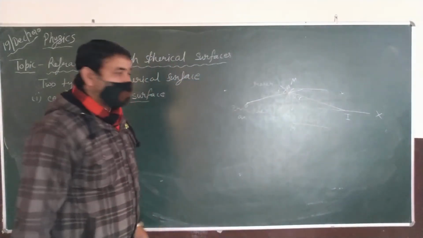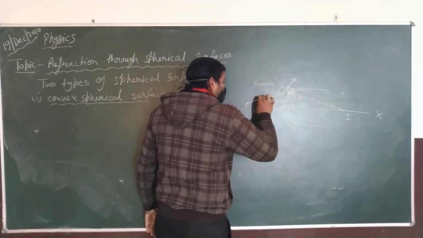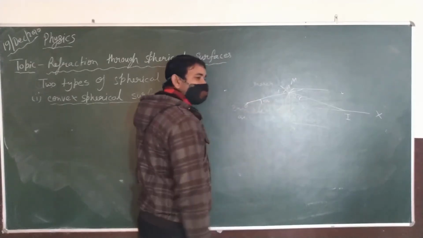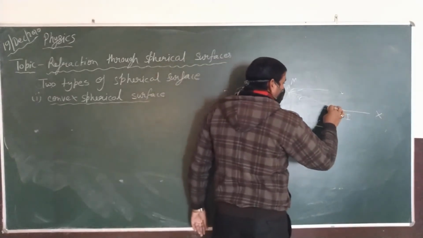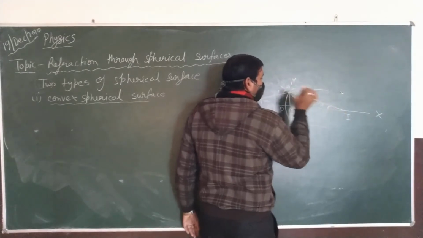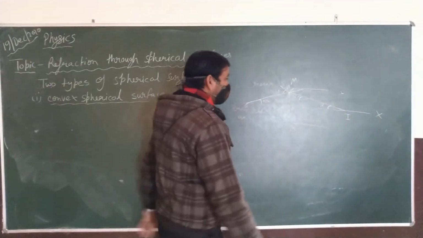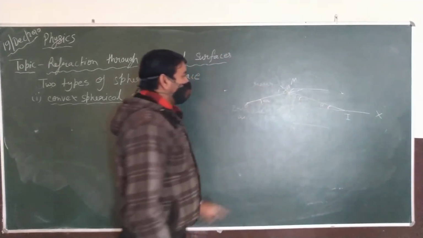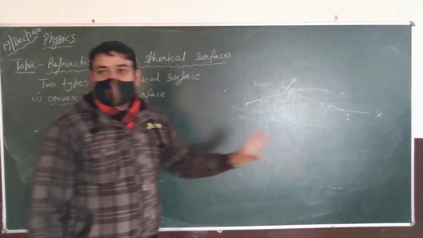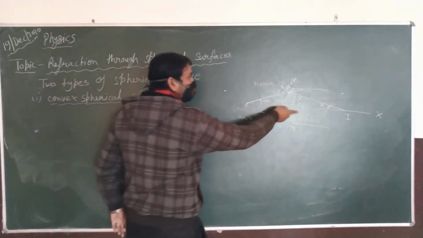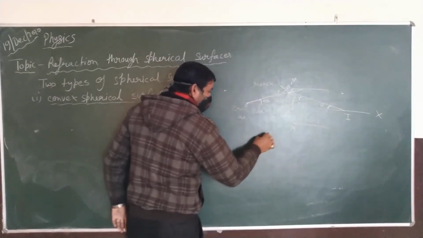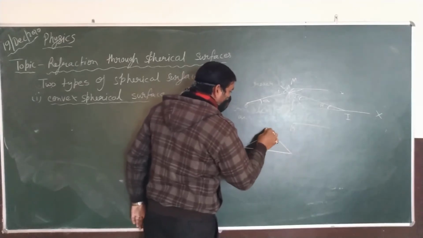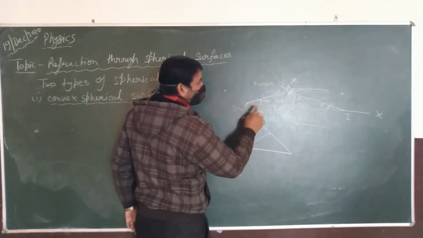It is clear or not? Now let's say the incident ray makes an angle of alpha with the principal axis, the refracted ray makes an angle of beta with the principal axis, and the normal makes an angle of gamma with the principal axis. Now, by using the two triangles, let's say this is triangle 1.